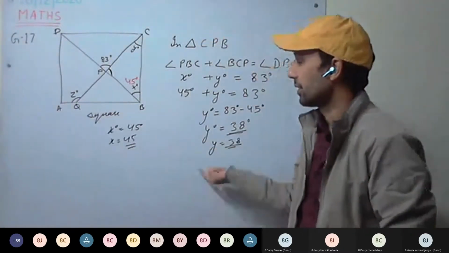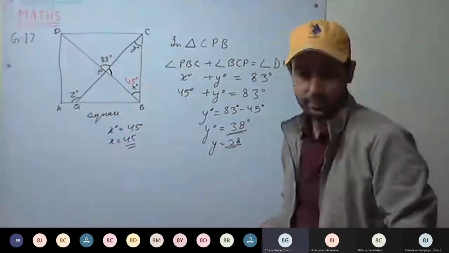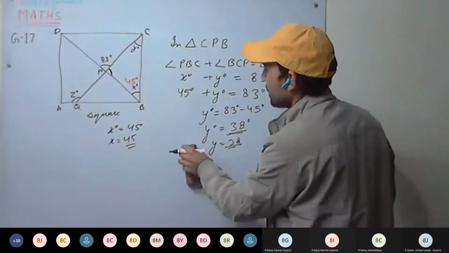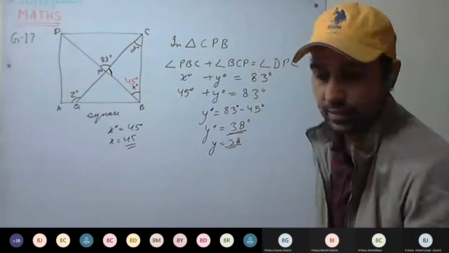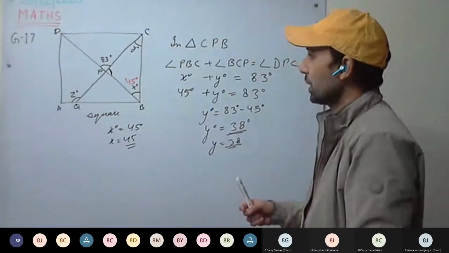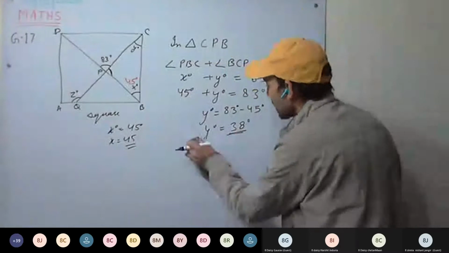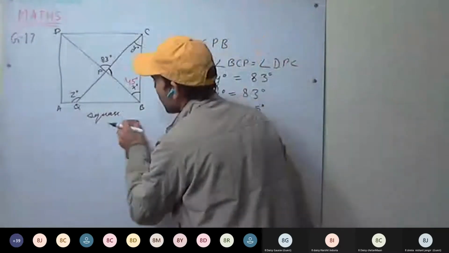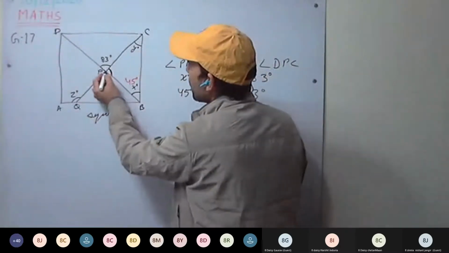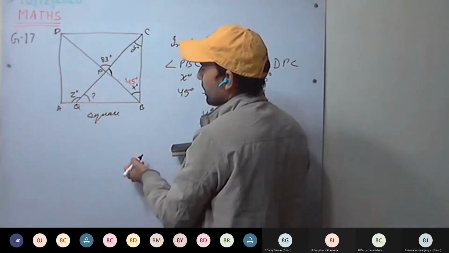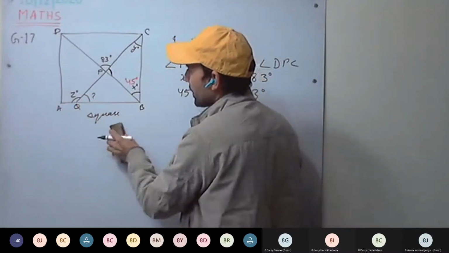Now how to calculate Z? Sir, first we have to calculate angle PQB. Okay. There's one more easy method I will tell you afterwards. Let's see what you are telling. Angle PQB, this angle you have to calculate. How can you calculate?